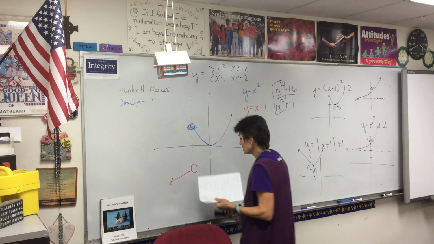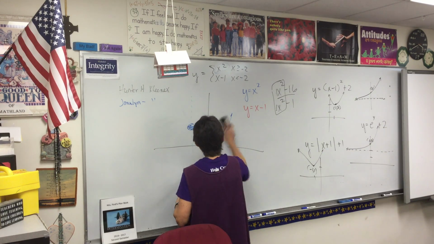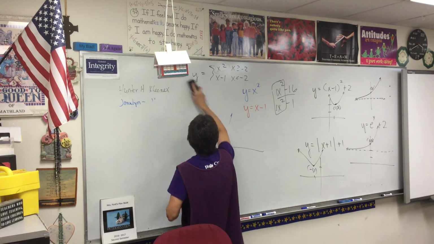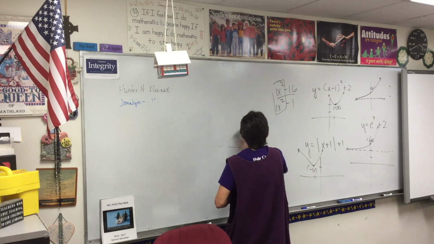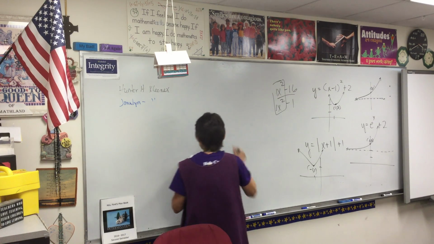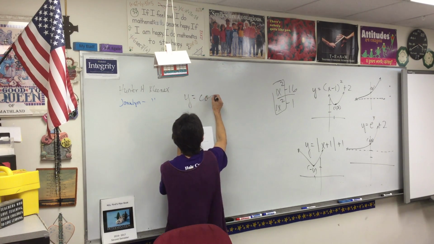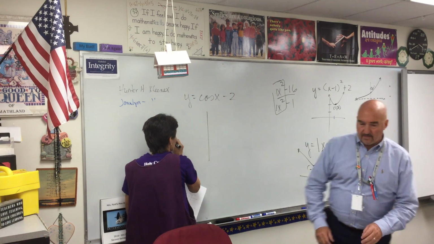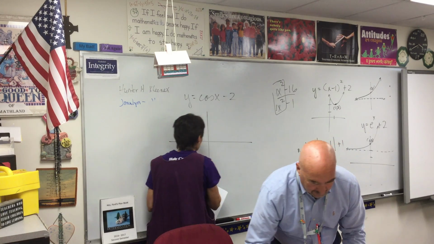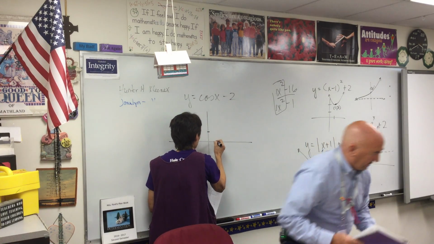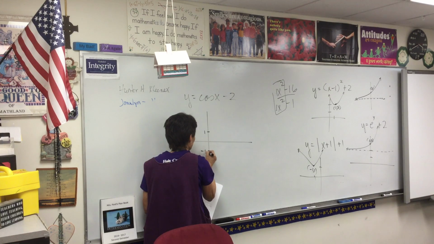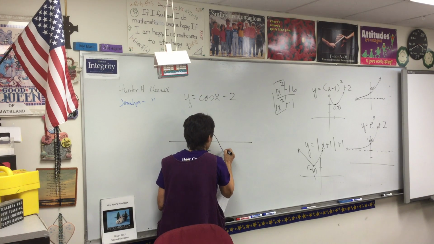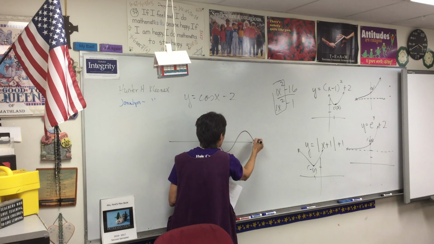All right, now the next one. This is our cosine, and we talked a little bit about this yesterday, that the cosine and sine are probably the trickiest. What's happening to this cosine? Moving 2 down. So I'm going to go ahead and sketch my regular cosine. And remember, that's the one that starts up here.